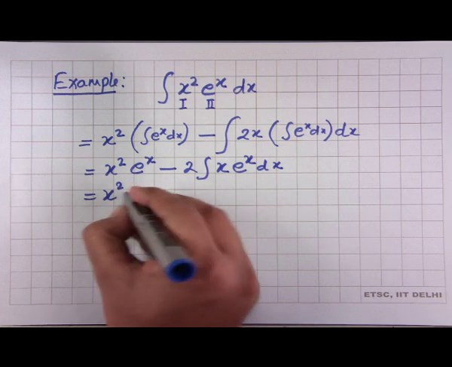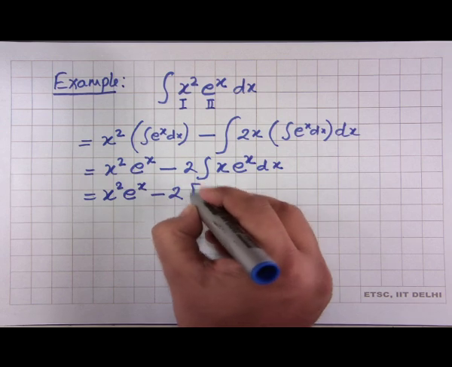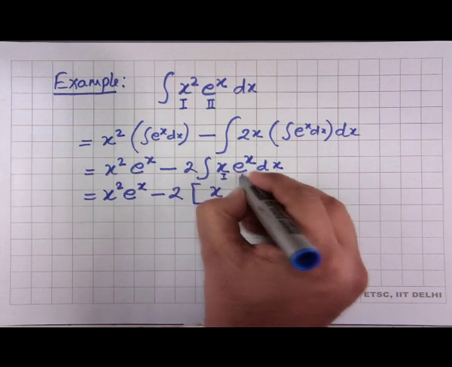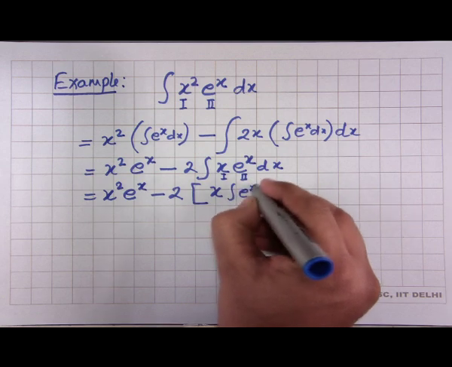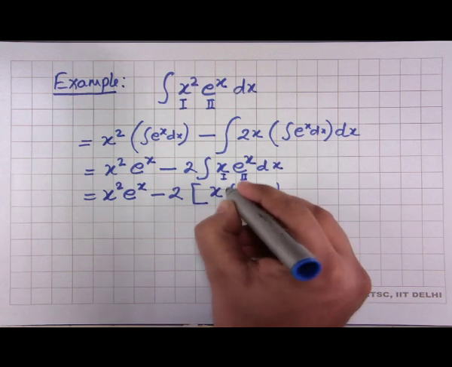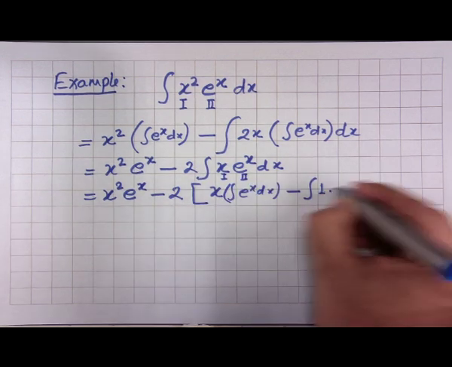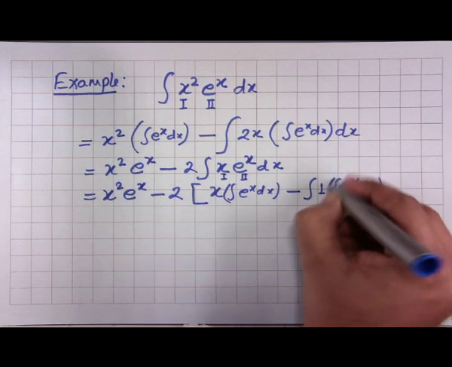So, now we know that we can evaluate it further, with the same method as we used in the previous example. Put a square bracket here. Again you consider this as first function and this as second function. So, first function integration of the second minus differentiation of first integration of the second, and then whole integration.